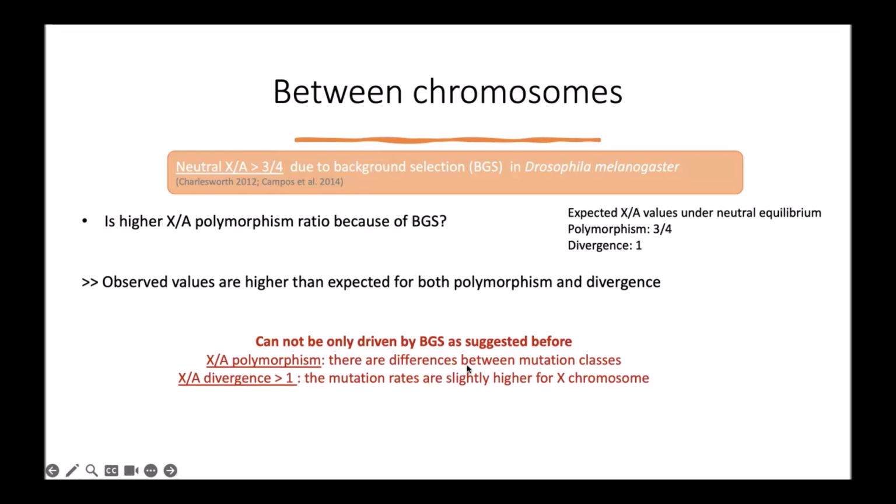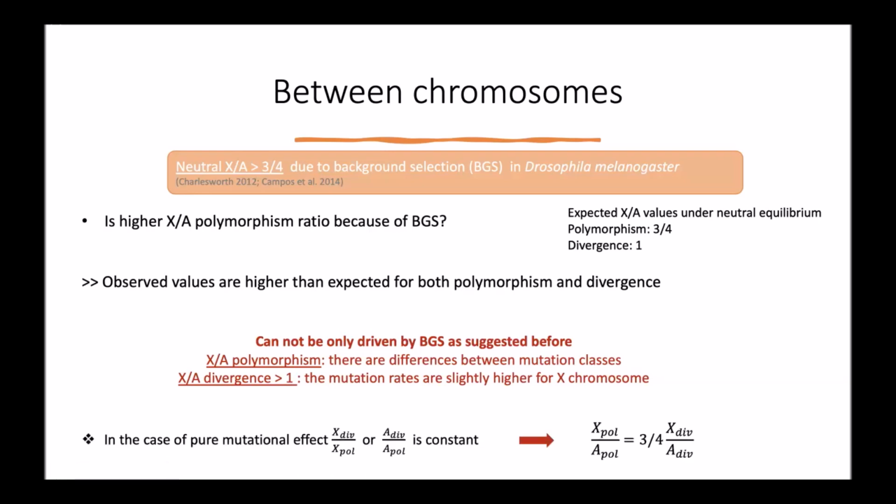Firstly, we do observe differences between mutation classes in the polymorphism ratio. And we do observe higher mutation rates for the X chromosome, as we got from the divergence ratios higher than 1. So, how much of this is caused by mutational differences or by the directional forces?